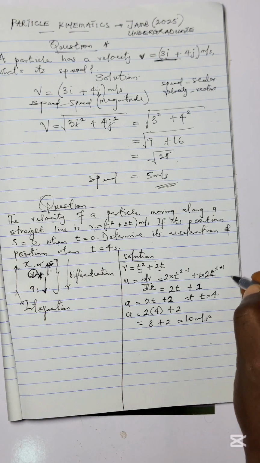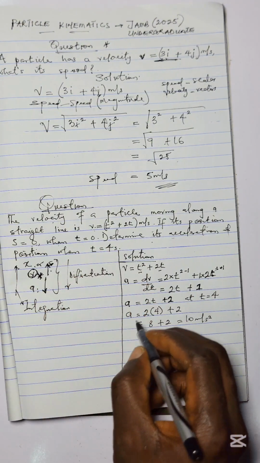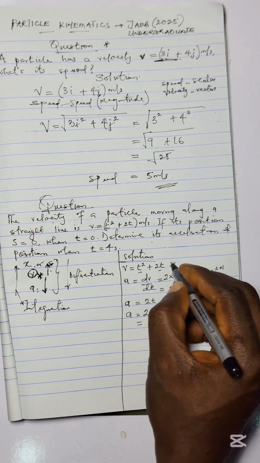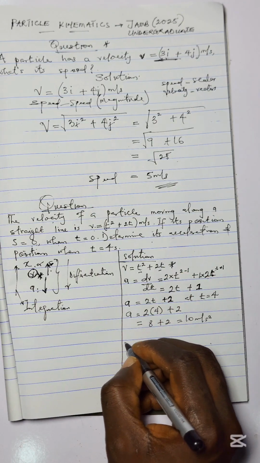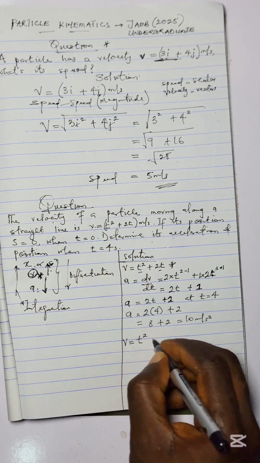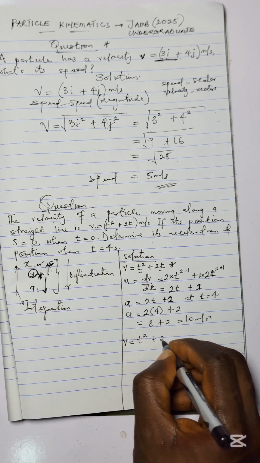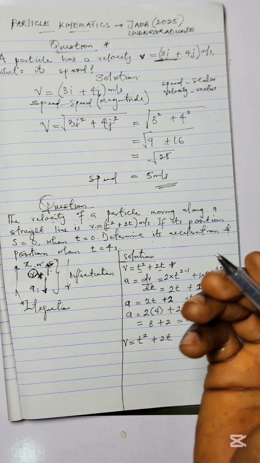Now to get displacement, which is position, we are going to integrate. In this case we differentiated because we were going to acceleration. Now we are going to integrate this time around. What are we integrating? We are still integrating what we are given in the question, which is velocity. So V equals t squared plus 2t. In differentiation, you subtract 1. In integration, you add 1.